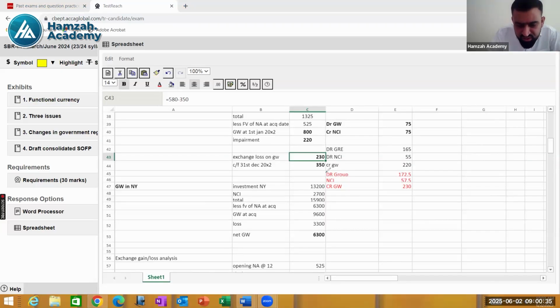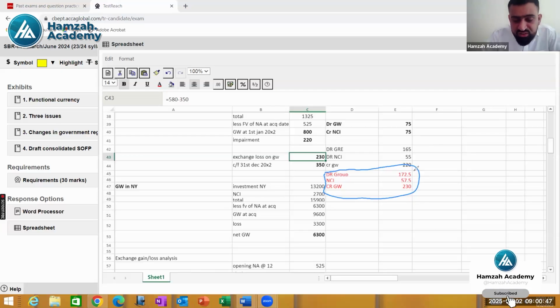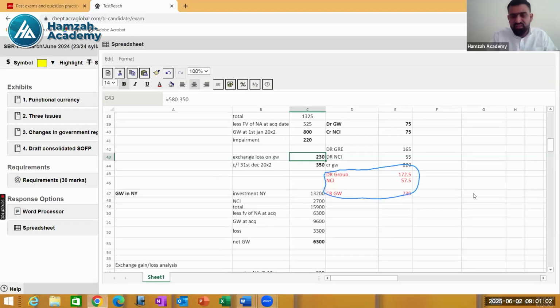And this is the entry where I have recorded this exchange loss. The goodwill again is credited by 230. 75% of the loss is allocated to the group translation reserve and 25% is allocated to the NCI.